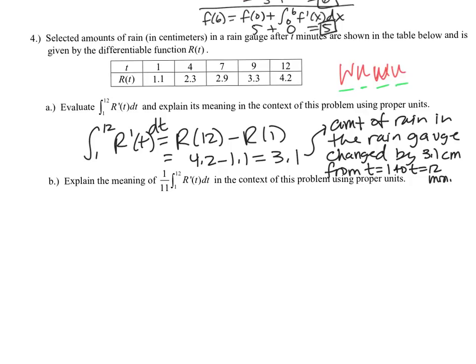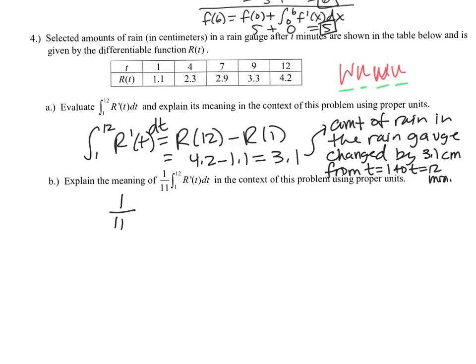So if you were asked this question, the answer would be an average rate. The question I meant to ask was this. What you'll see on the test is explain the meaning of 1/11th, which, by the way, in case you're wondering where that 11 came from, is the b minus a, the upper limit of integration minus the lower limit of integration, so 12 minus 1.